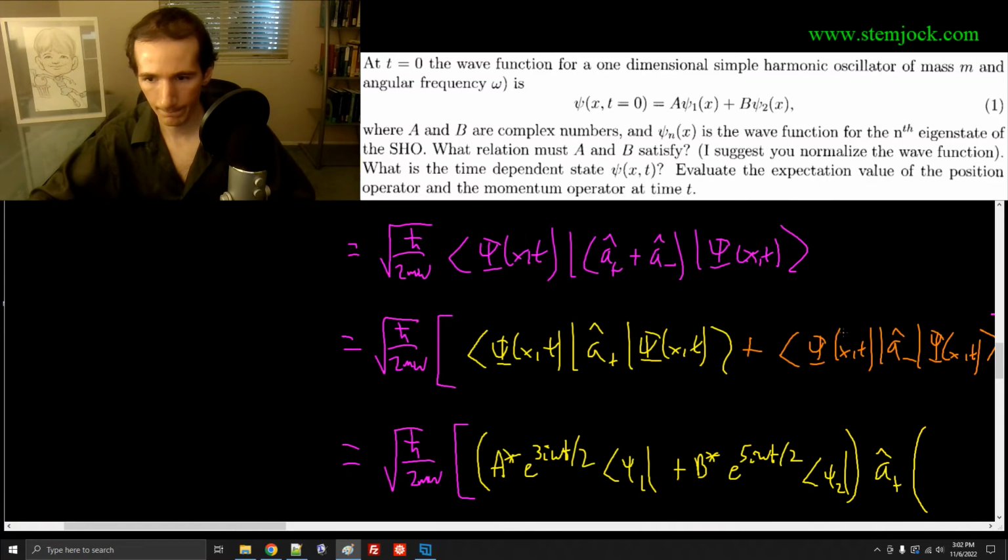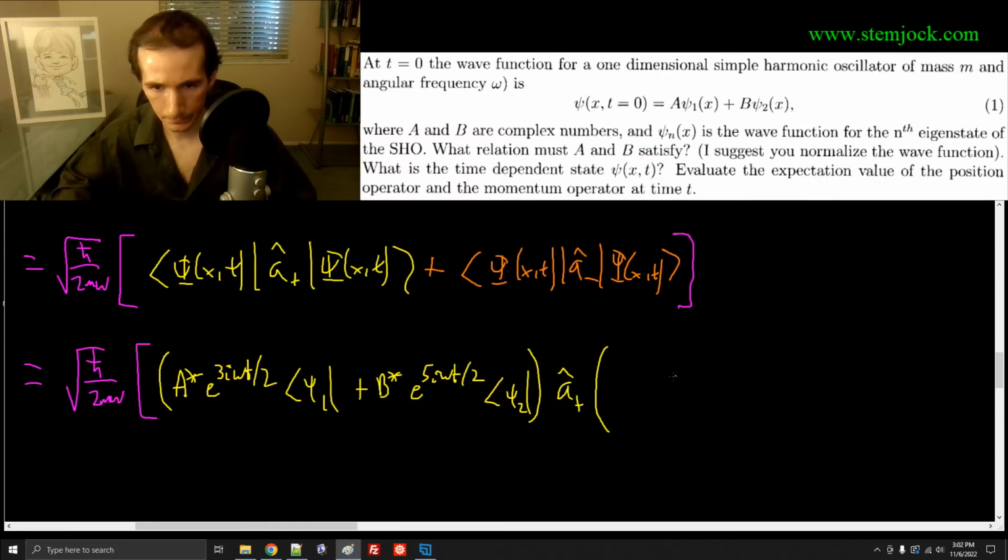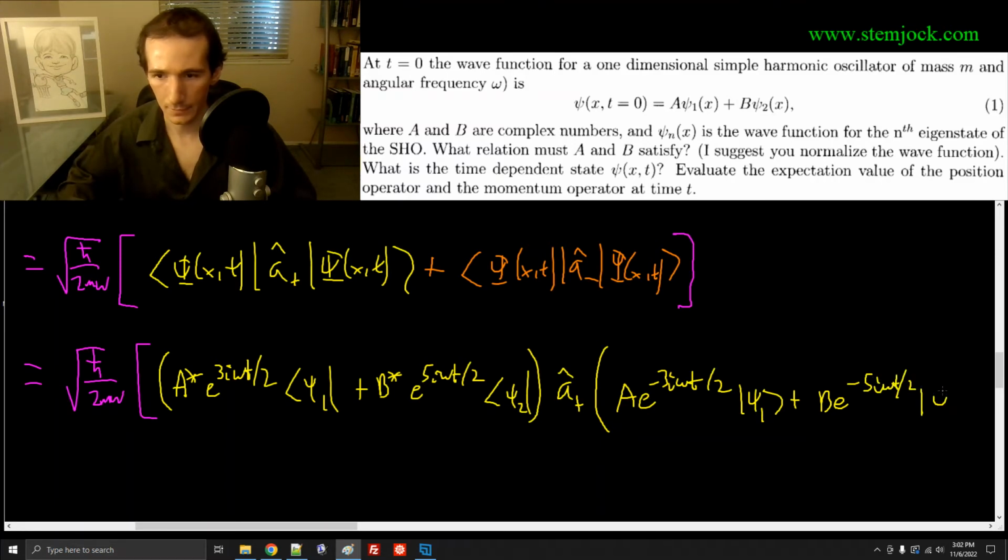Okay. So I have a e to the minus 3I omega t over 2 ket psi 1 plus b e to the minus 5I omega t over 2 ket psi 2. And this is this inner product expanded, the one in yellow.